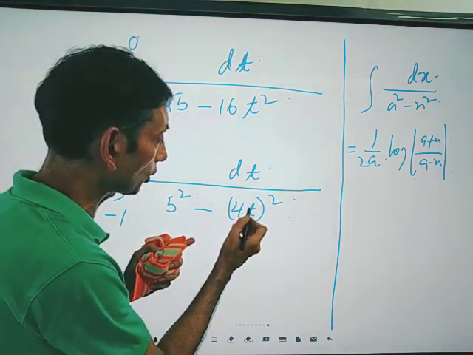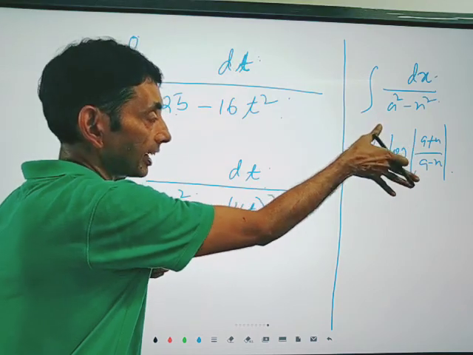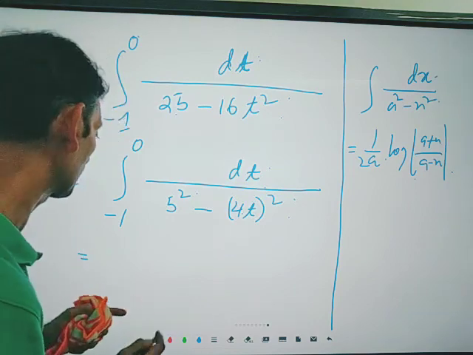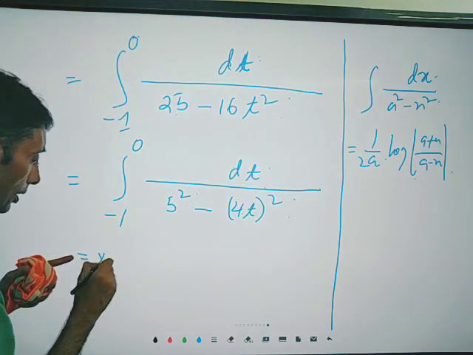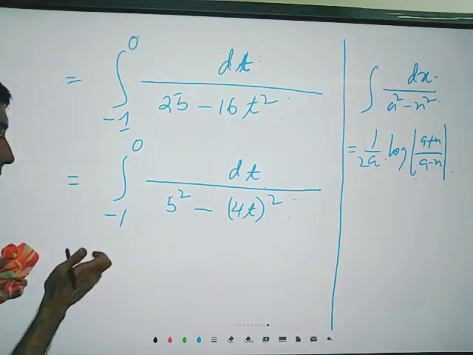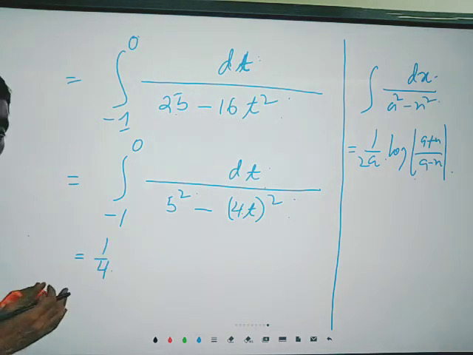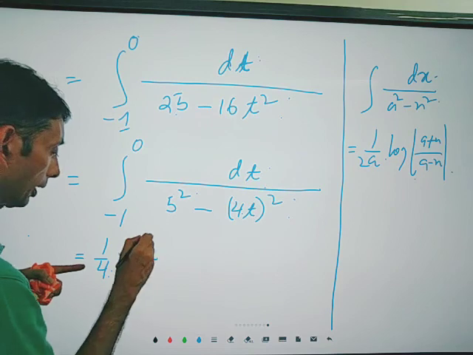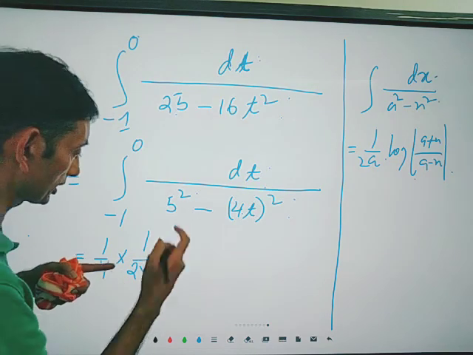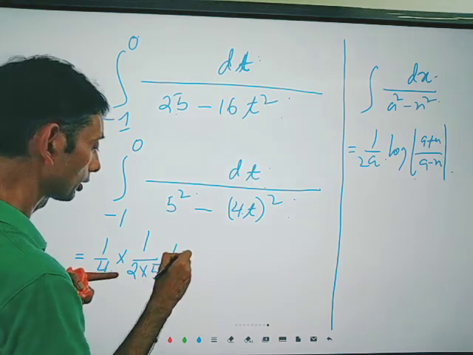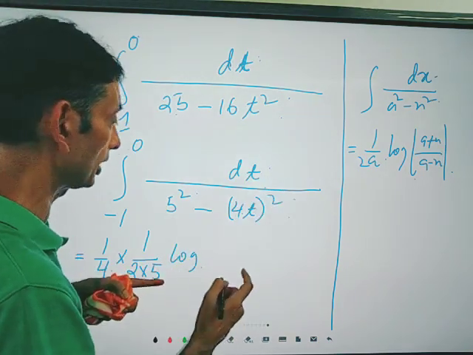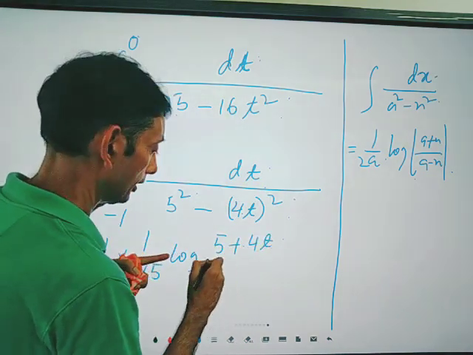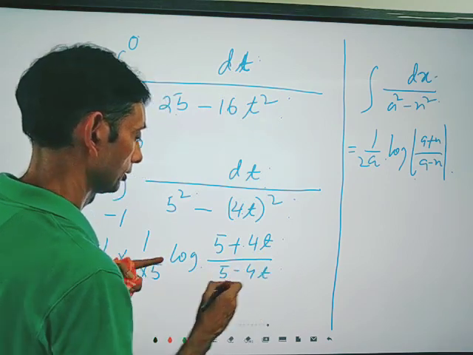Now we can just use this formula as it is. The only thing is that the coefficient of t is 4, so after integration we need to multiply by 1 by 4. So this is 1 by 4, and then 1 by 2a, where a is 5, so 1 by 10, times log of 5 plus 4t by 5 minus 4t.